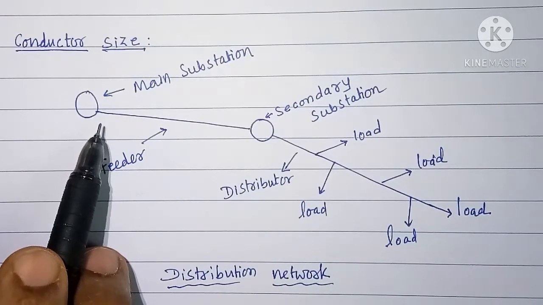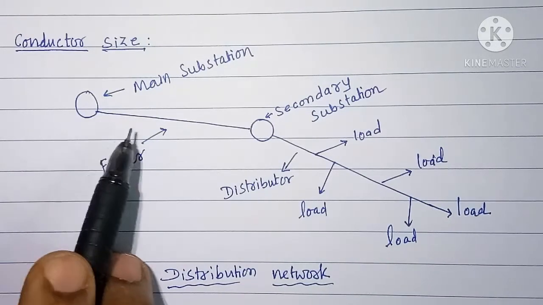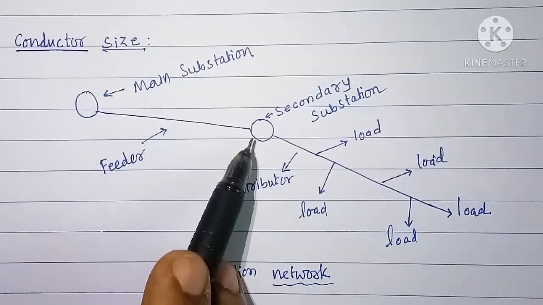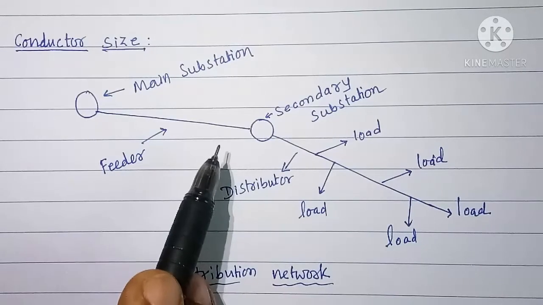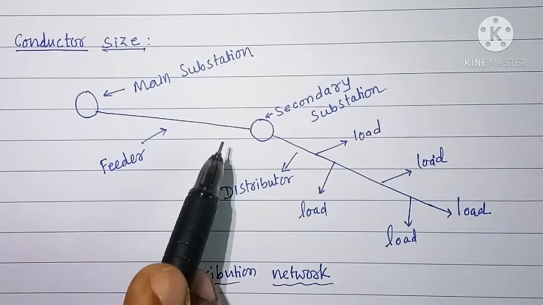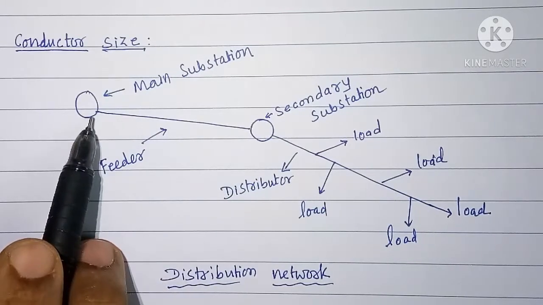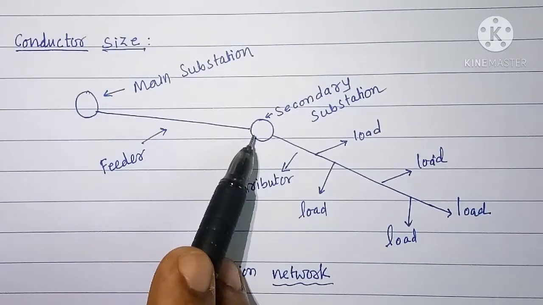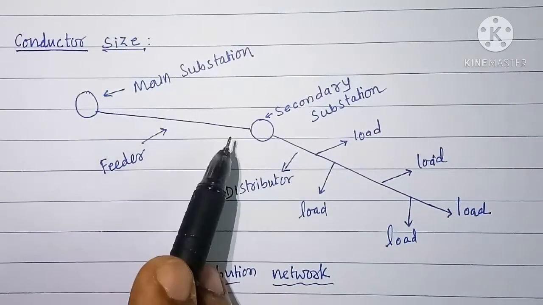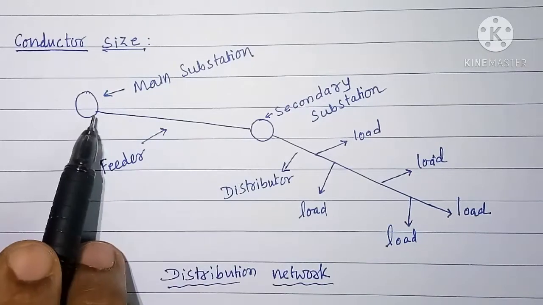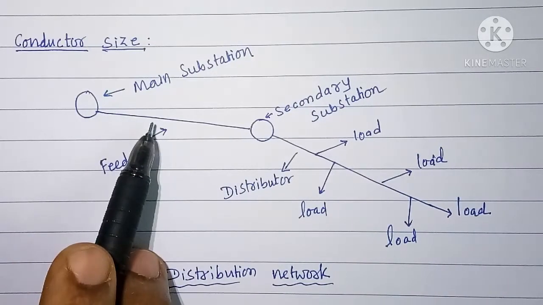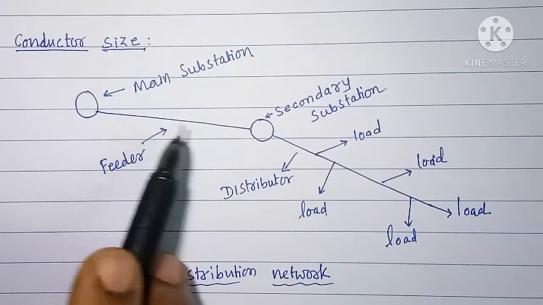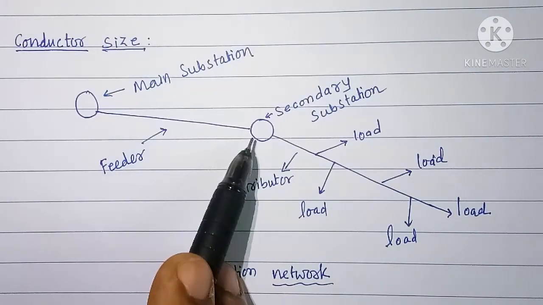So you can define feeder as a circuit carrying power from main substation to secondary substation such that the current loading is same throughout its length. Because between main substation and secondary substation there are no loads connected, and hence current through this feeder throughout its length remains the same.